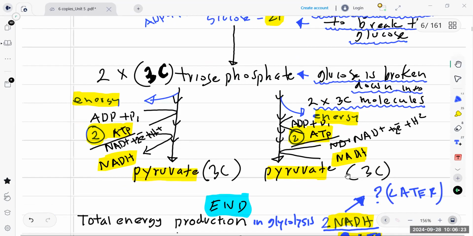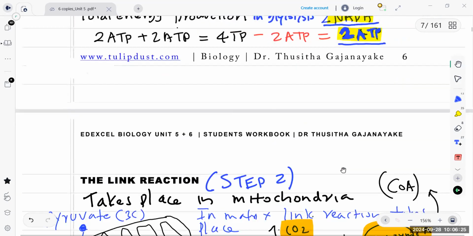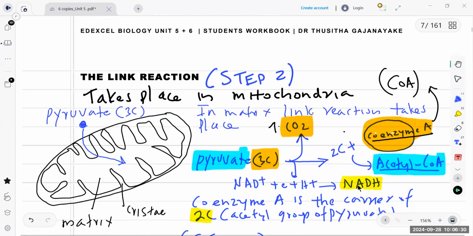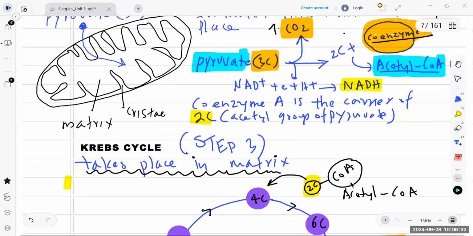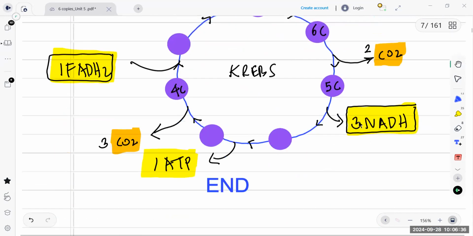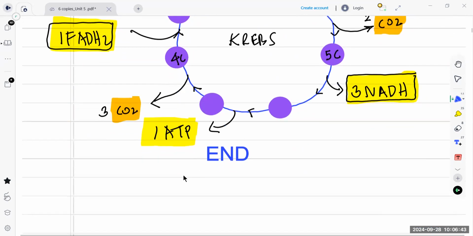The second pyruvate molecule also goes through the link reaction, produces NADH, and goes to the Krebs cycle, where it again produces 3 NADH, 1 FADH2, and 1 ATP. So 2 pyruvate molecules enter the link reaction and Krebs cycle.